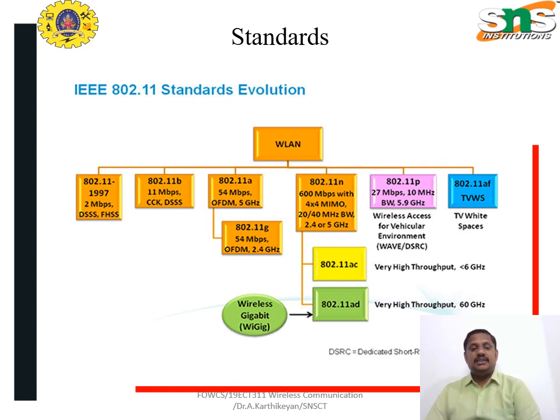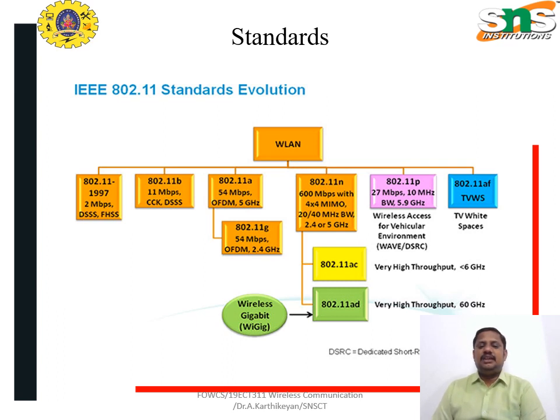Also there is OFDM at 2.4 GHz. IEEE 802.11a has the 5 GHz range, and 802.11g is mainly 2.4 GHz.